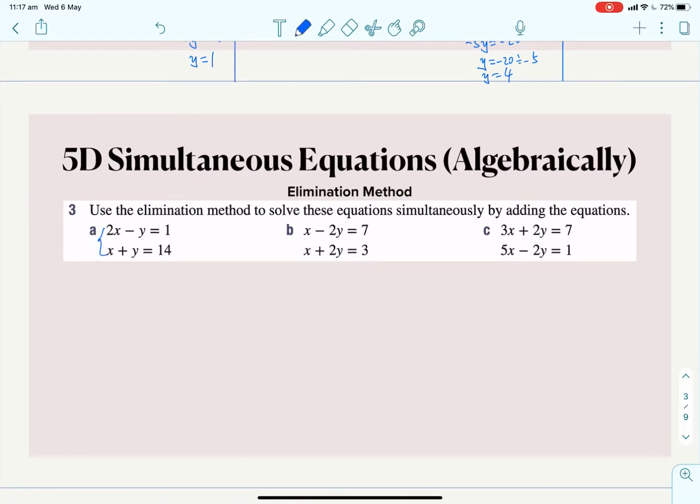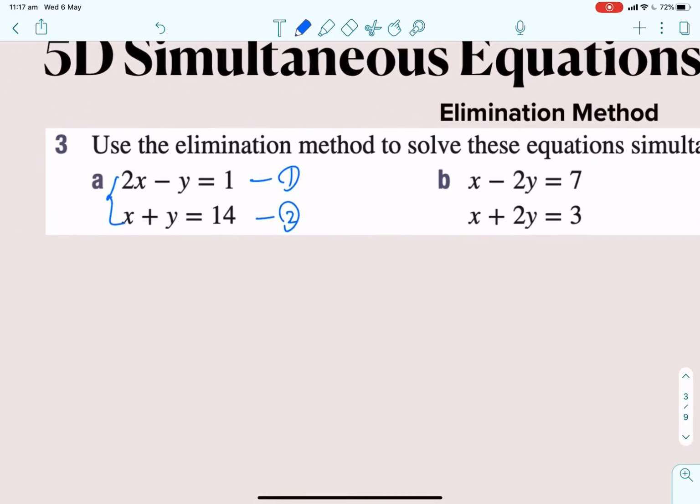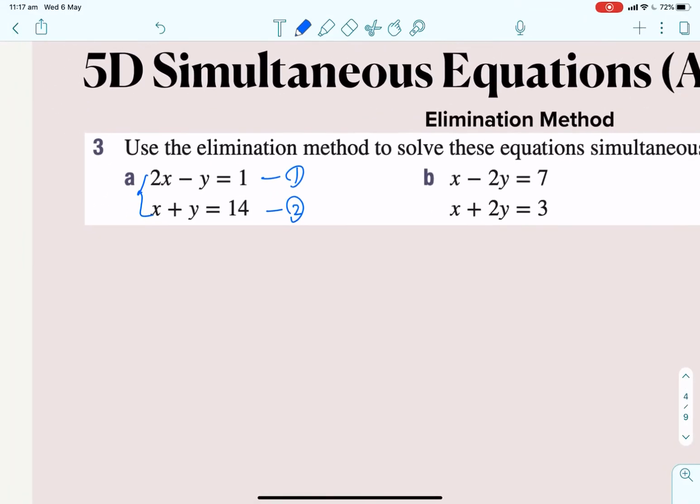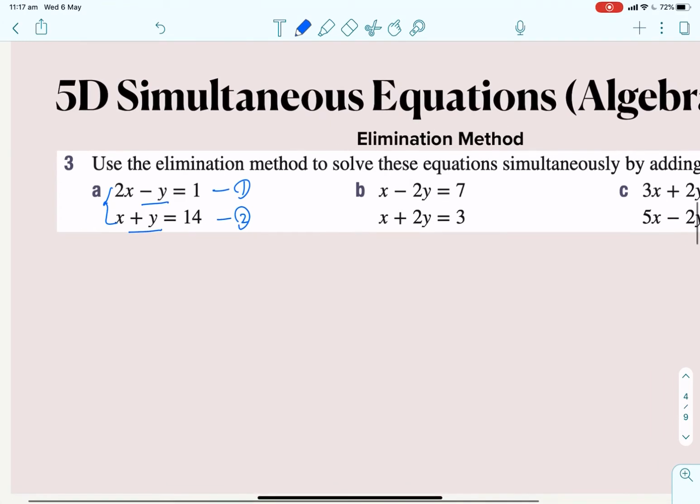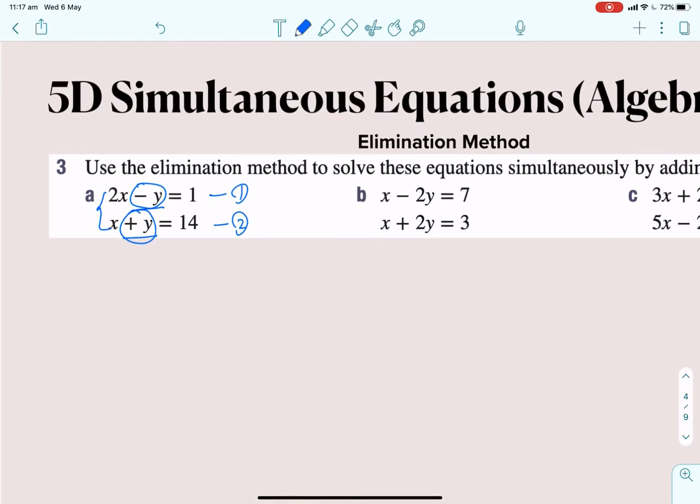So again, we label a number. We label the equation first. Okay, now it's a really good indication that if they have the same letter, we use elimination. But the thing is, if one is positive, one is negative, we plus them. If it's both negative or both positive, we minus them.